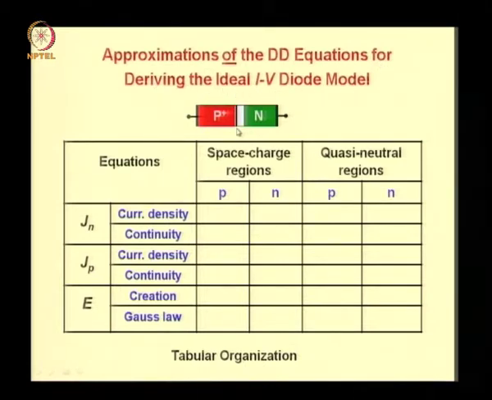So note here the space charge region has P and N sections. So this P column corresponds to the space charge region on the P side, and this N column corresponds to space charge region on the N side. Similarly, this quasi-neutral region, the details will appear in this column, and the P type quasi-neutral region, that is the red portion, the details will appear in this column.